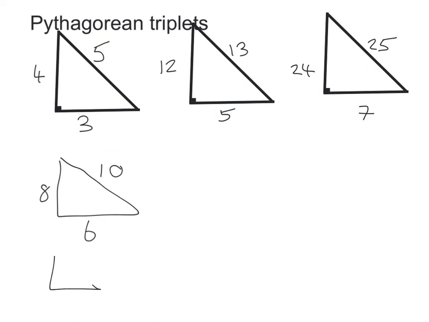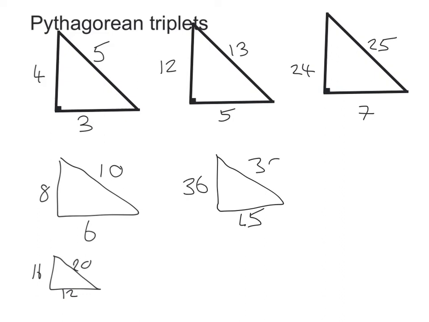Or I could have a 12, 16, 20, where I've multiplied 3 by 4, 4 by 4, and 5 by 4. Or I could have a 15, 36, 39, where I've multiplied 5 by 3, 12 by 3, and 13 by 3.